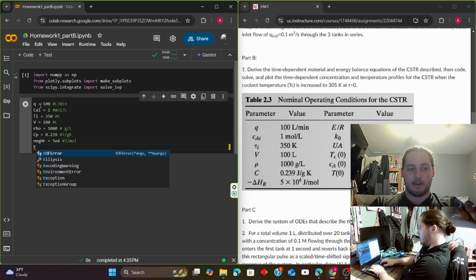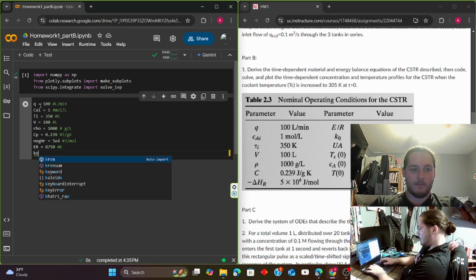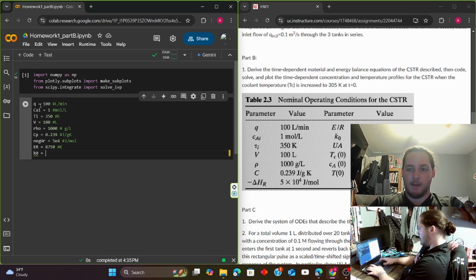Next, we have our ER value, and that is equal to 8750 Kelvin. We have our K naught is equal to 7.2e10.